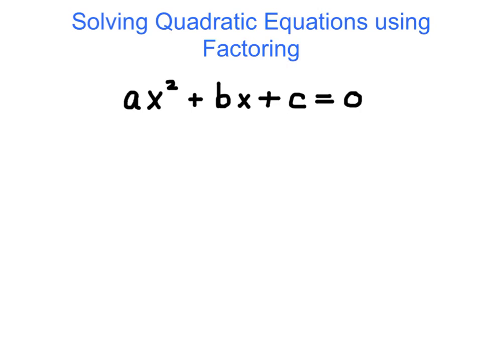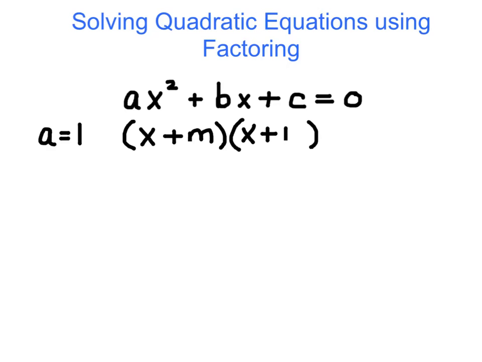Let's assume, for example, that a equals 1. If a is equal to 1, then this quadratic equation, if it was also factorable, would factor into x plus m times x plus n, and that would equal 0.